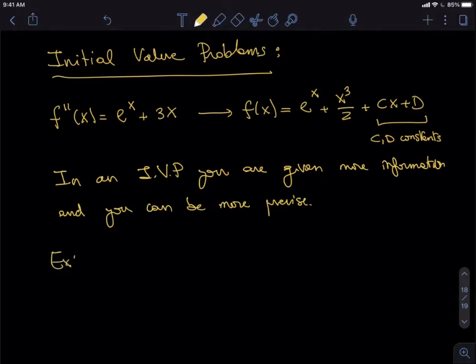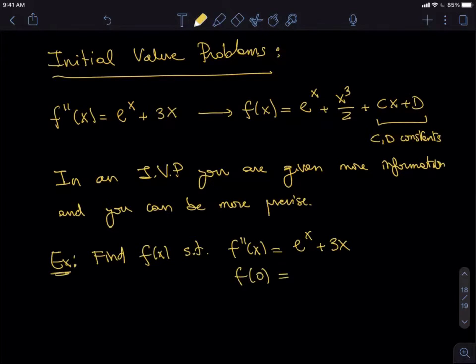Let's say, for example, that you want to find f such that the second derivative is precisely e^x + 3x, the example we just did, but we also want that function to be 1 at 0 and to have a derivative that is equal to -1 at 0. So we are prescribing the value at 0, and we are also prescribing the slope of the tangent at 0.